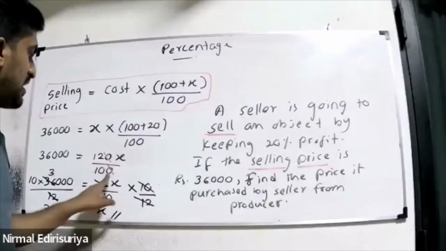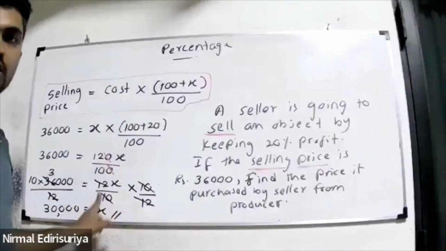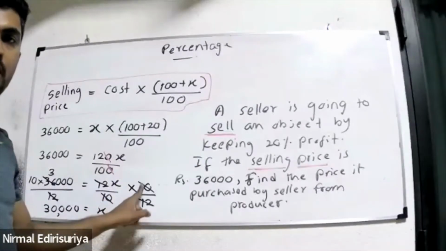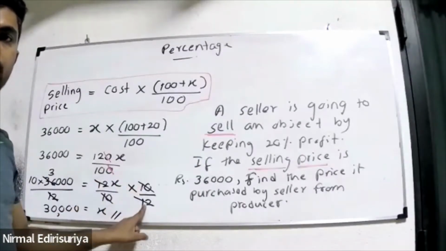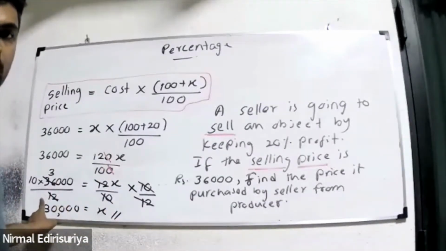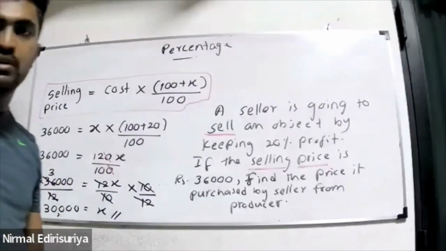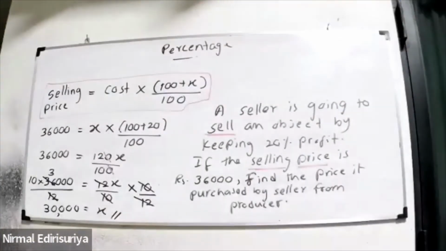Then I remove this 100 by cutting 0 to 0. Then I got 12x over 10. I remove this 10 by multiplying, remove this 12 by dividing. Then this side also divide by 12 multiply by 10. Then 12 into 36 cancel, it's 3 here. 3,000 into 10 is 30,000. Did you get this, my dear students?